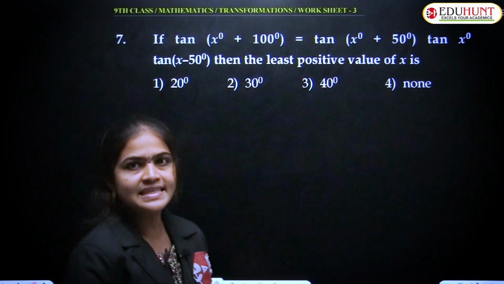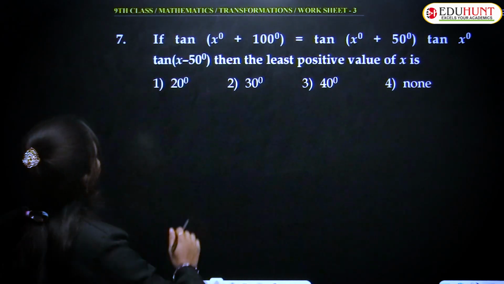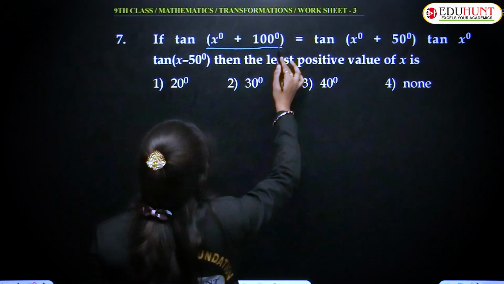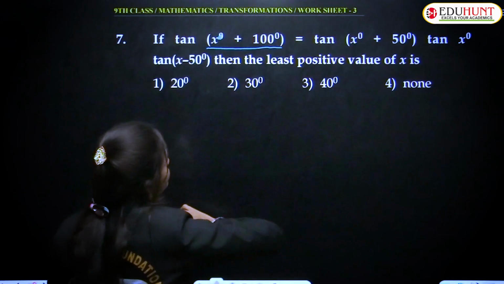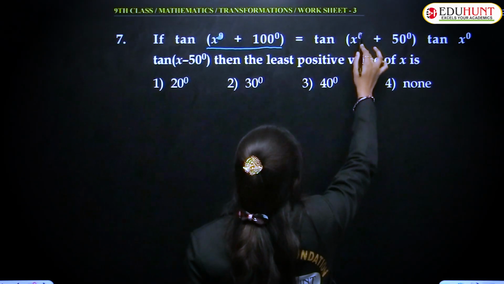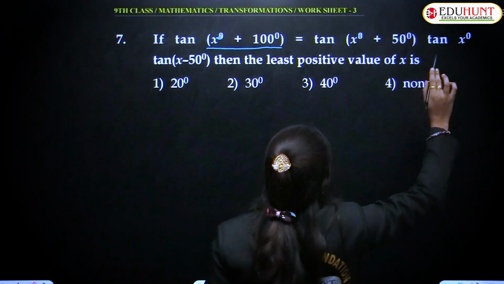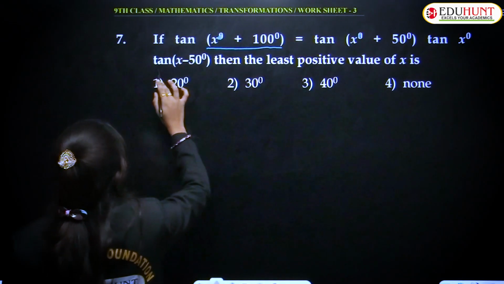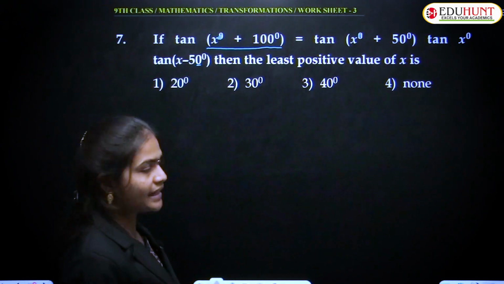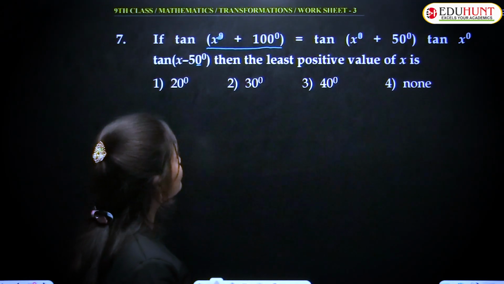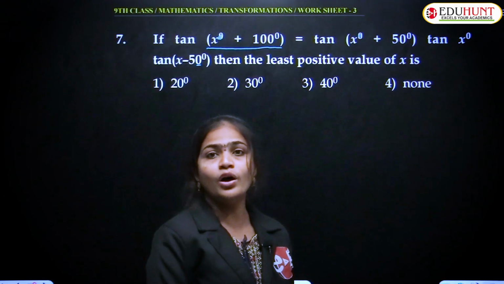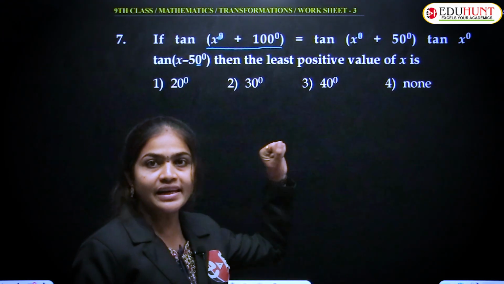So children, see the 7th question. If tan of x plus 100 degrees is equal to tan of x plus 50 degrees into tan x into tan of x minus 50 degrees, then the least positive value of x. Okay, what value satisfies the given equation?